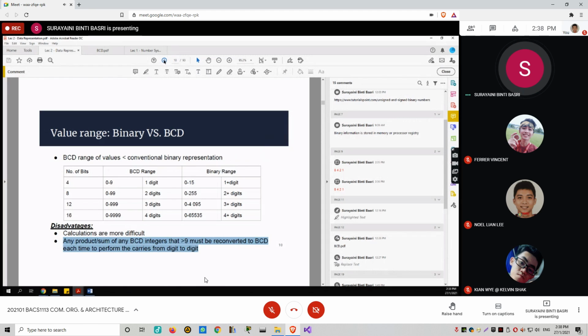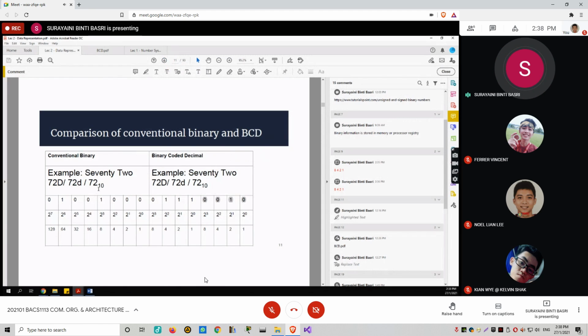Okay, so this is the comparison of calculation between the conventional binary and then the BCD. This part is conventional binary. So let's say we want to convert 72 in decimal using the conventional way.